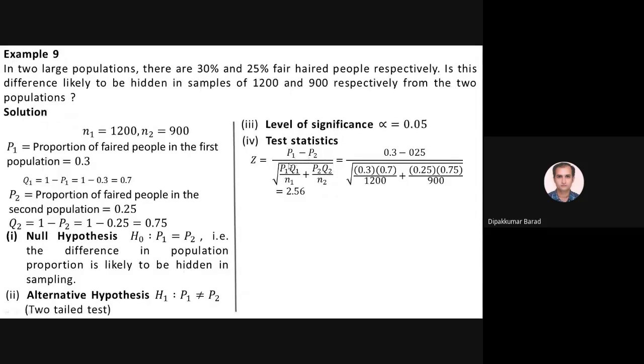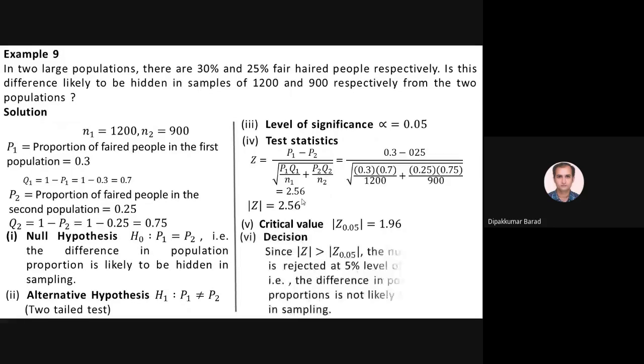So what do we get for Z here? Z is equal to 2.56. So mod Z is also 2.56. Now the level of significance, which hasn't been given, by default we consider 0.05. So we can find the critical value z at 0.05 for a two-tailed test, which is 1.96.